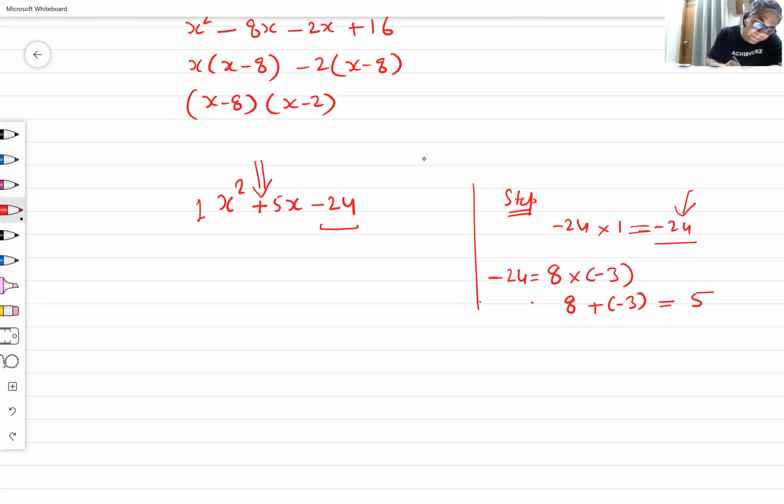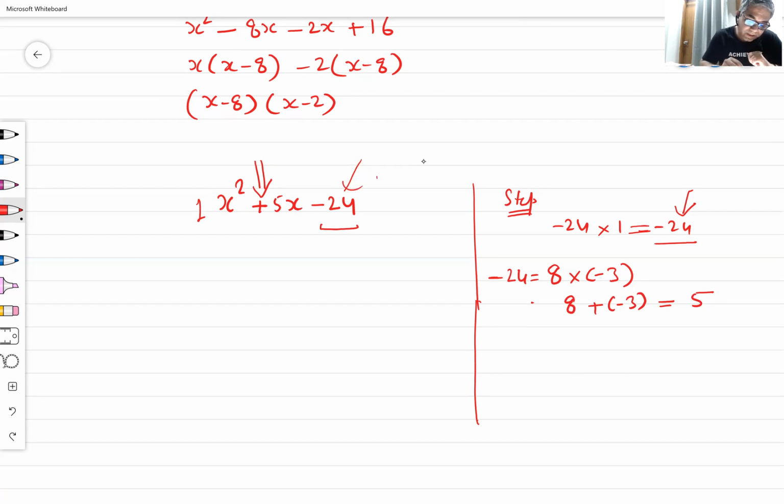If there had been negative 5 here, then I would have taken larger as negative and the smaller as positive. Is it clear to you all? Yes, Anya. Very good. So you have to be careful when this comes into the picture.